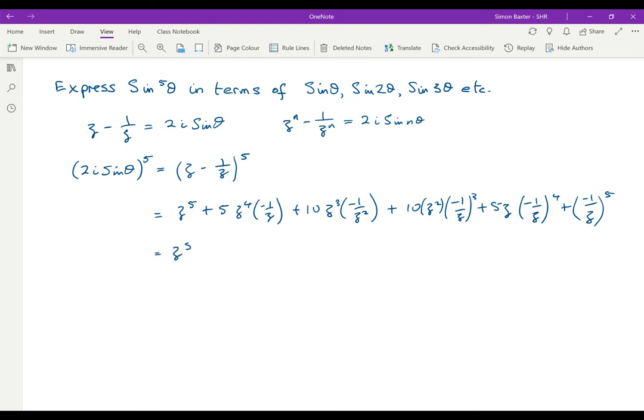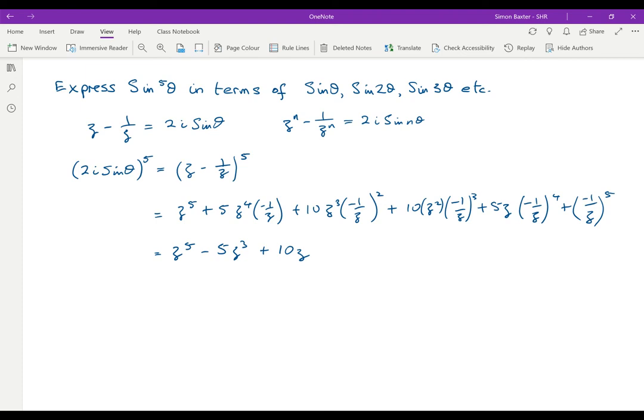This is z to the 5 minus 5z cubed plus 10. I put the squared in the wrong place. It should have been up there. Plus 10 times z, because the minus squared goes, and z cubed over z squared is just z.